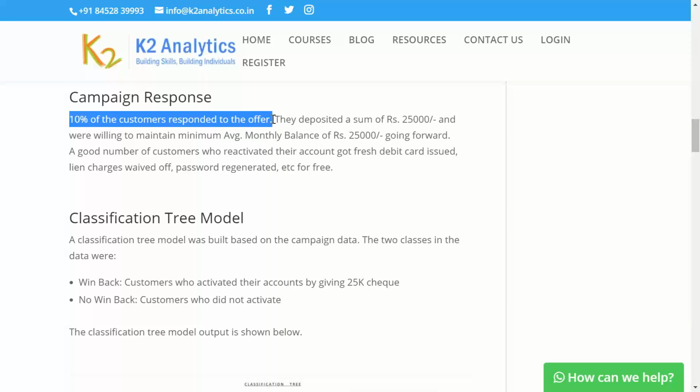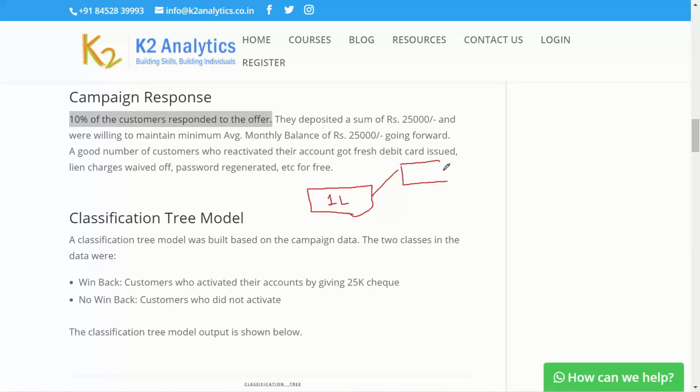So if you see this entire data, the way you can visualize the data is, this is your 1 lakh base to whom you send the offer. Of this 1 lakh, 10,000 after the campaign activated, so 10k, and the remaining 90k did not activate.